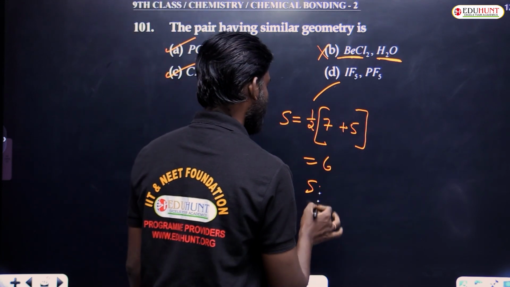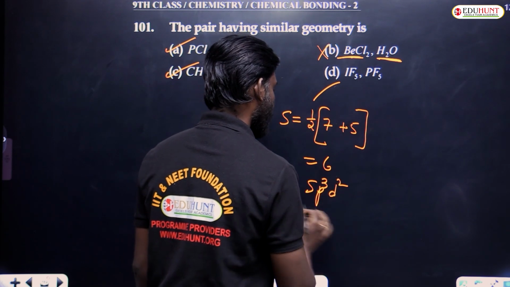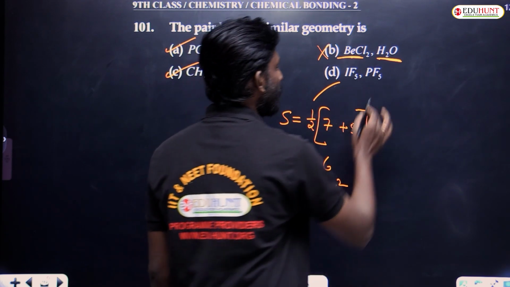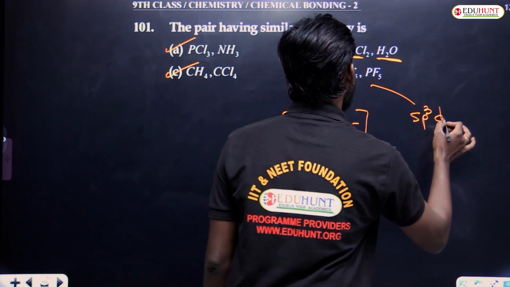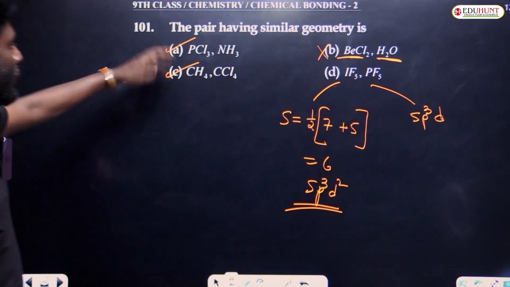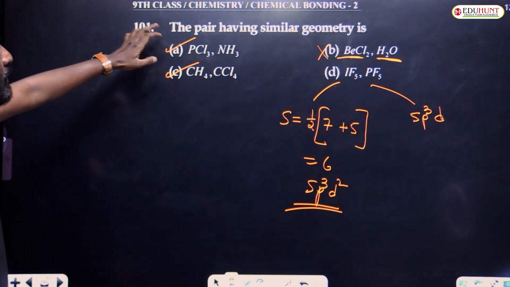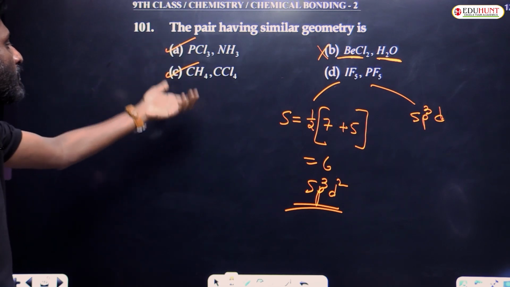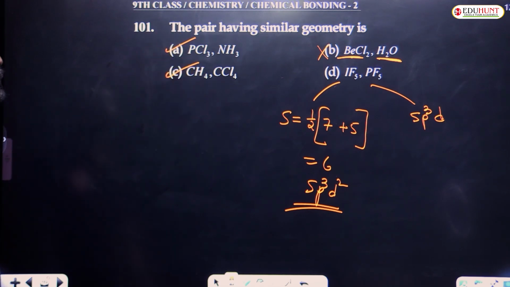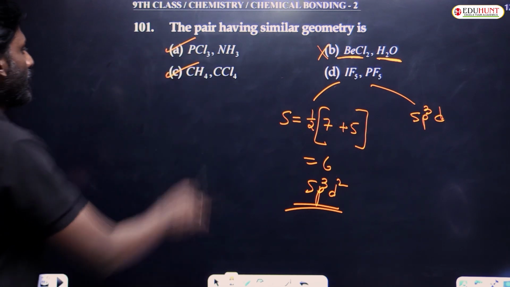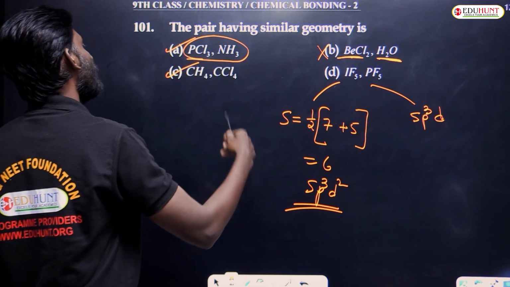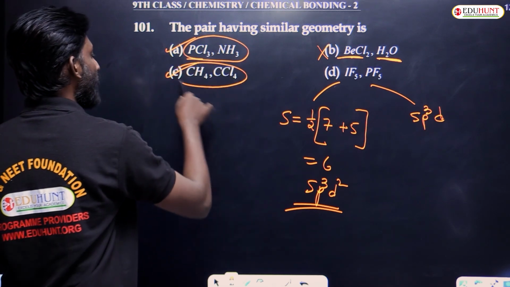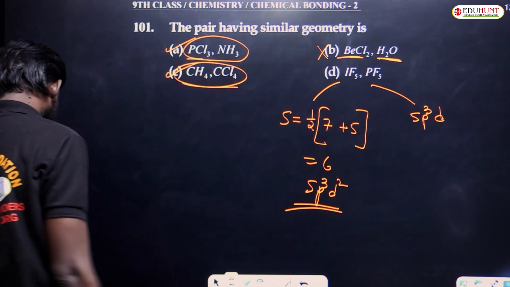You are getting sp3d2 hybridization, and for PF5 we already know the hybridization is sp3d. So these two options are coming. See, in these two cases they are having the same kind of shape, same kind of structure. Both are having the same kind of electron geometry and shape, these two options.